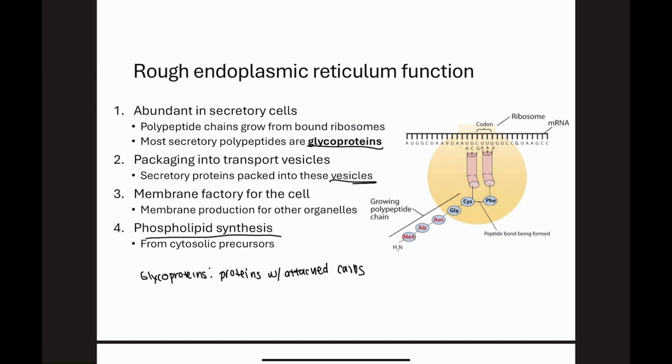And since the rough endoplasmic reticulum is so abundant in cells that secrete proteins, such as our pancreatic cells that are going to release a lot of digestive enzymes, it's actually going to play a crucial role in both protein processing and in membrane synthesis.